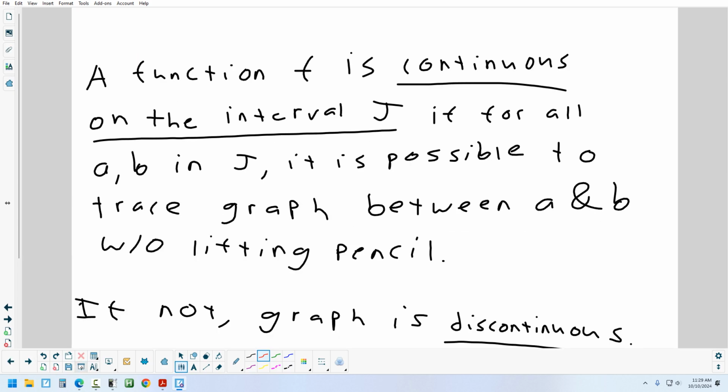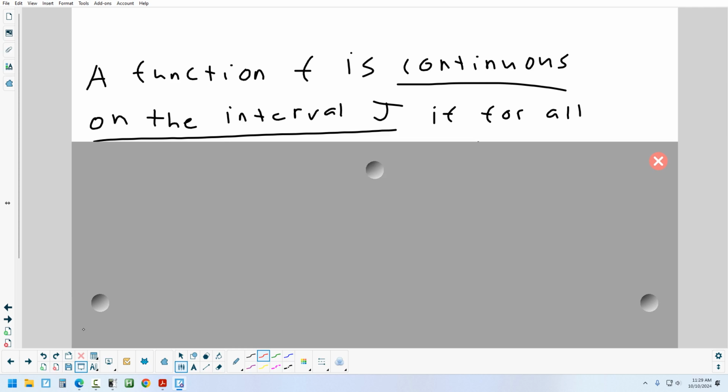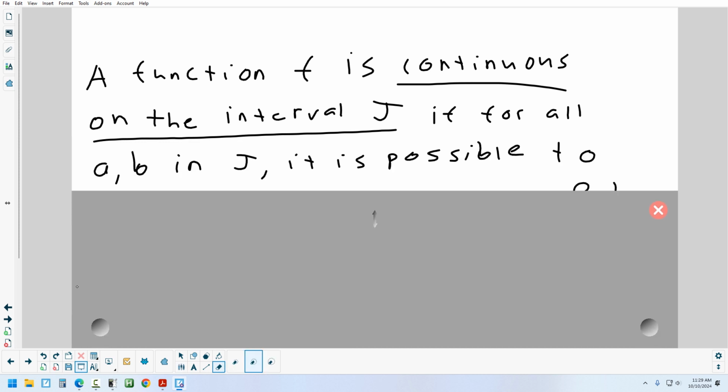Well, the last one that I drew was continuous because I never had to lift my pencil to draw it. So a function is continuous over an interval.